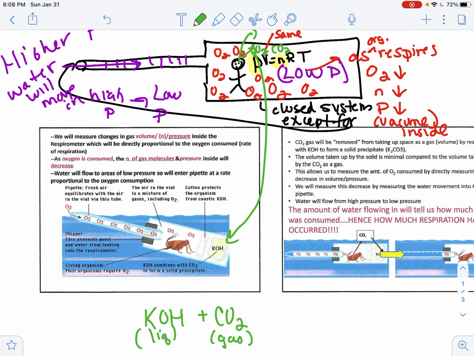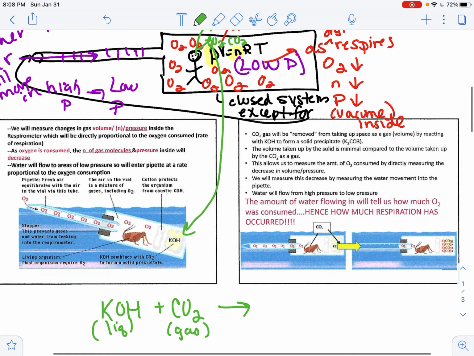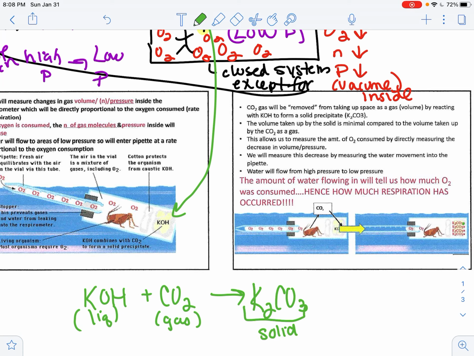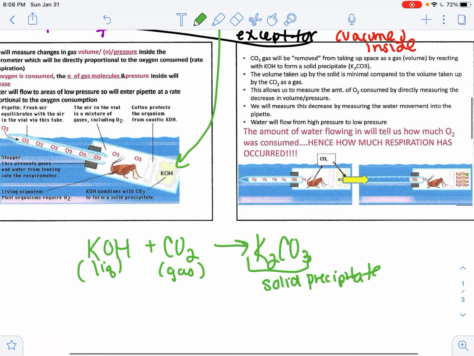KOH is a liquid, by the way, which doesn't really matter. And then that's going to react to give us this molecule you see over here, which you don't need to memorize it, but what's important about this is that it's a solid. It's a solid precipitate. So we're taking carbon dioxide as a gas and turning it into a solid.